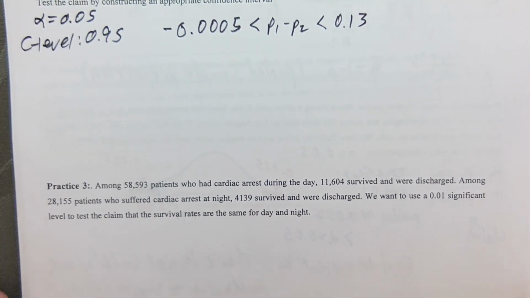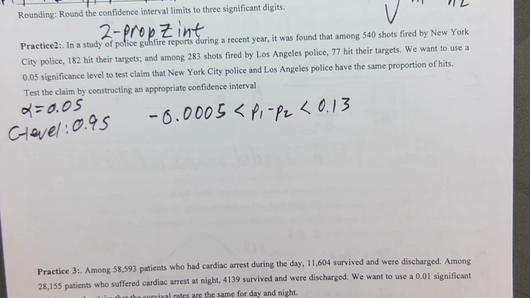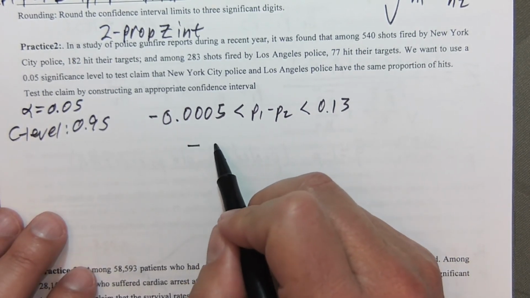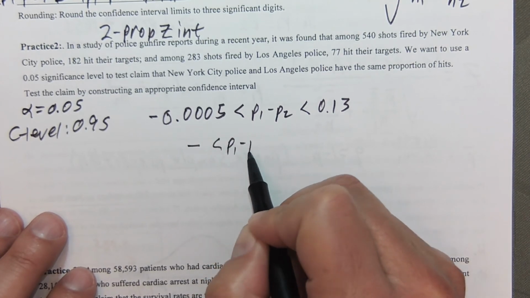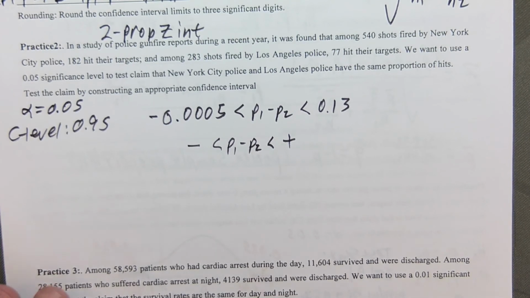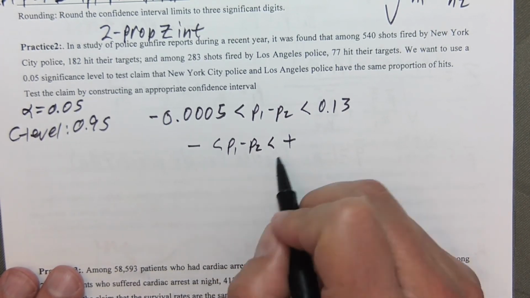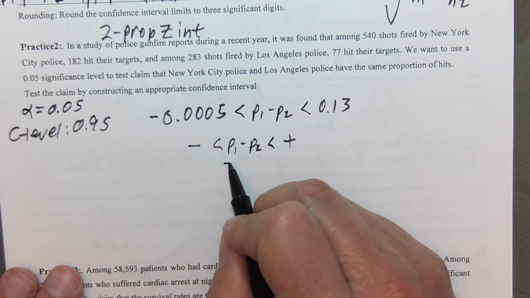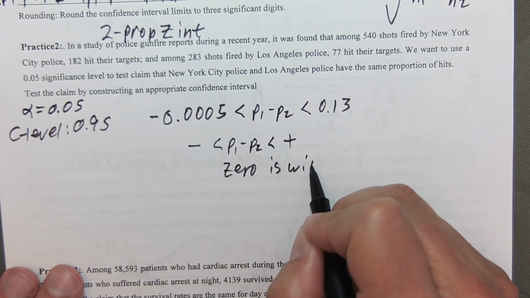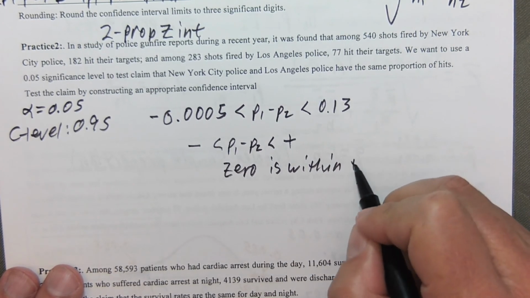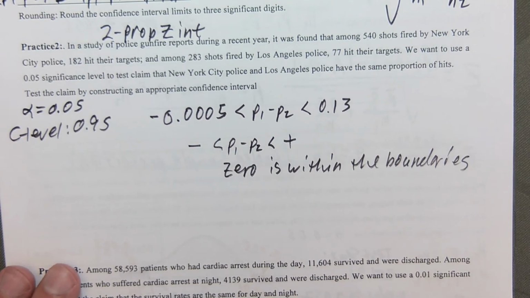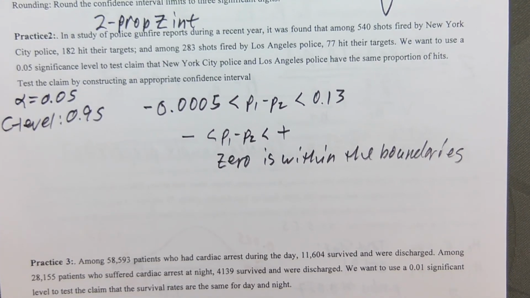So the main thing that we're looking at here is the fact that we go from a negative to a positive. And what that means for us is that 0 is in here somewhere. So 0 is within the boundaries.